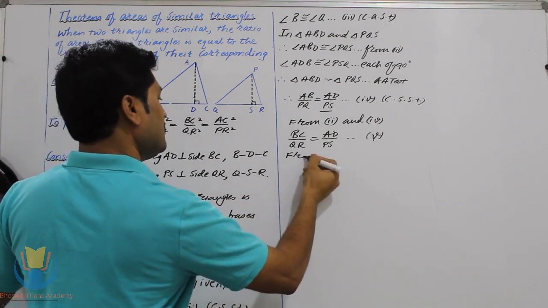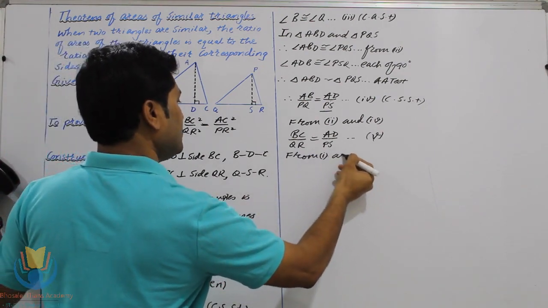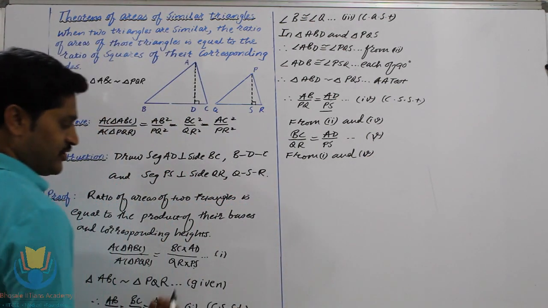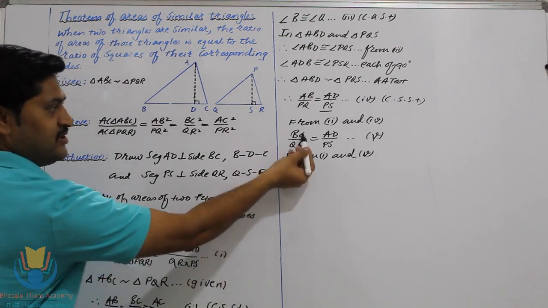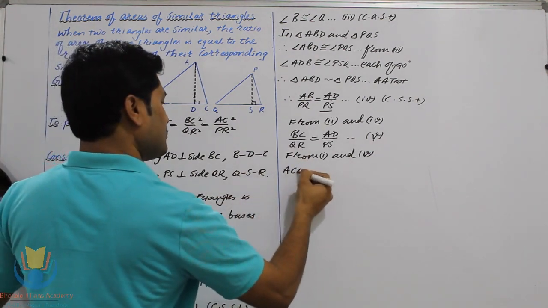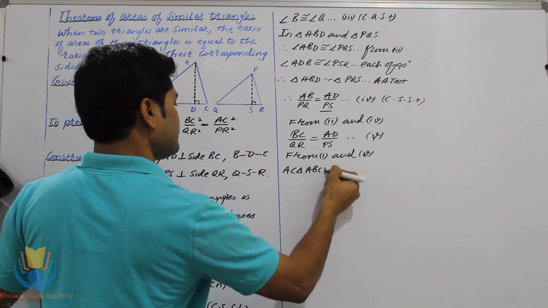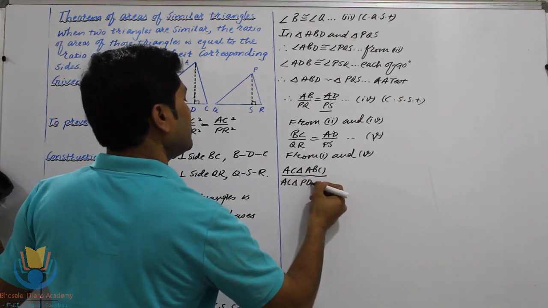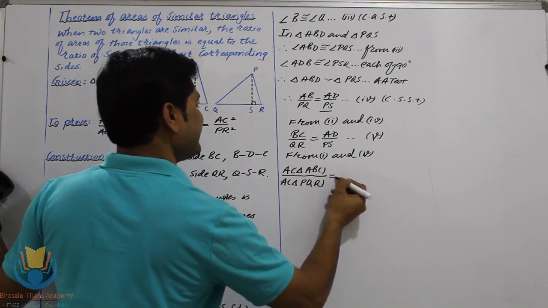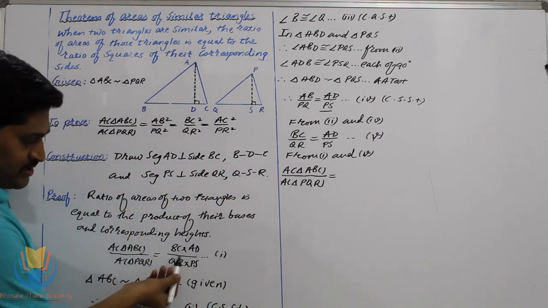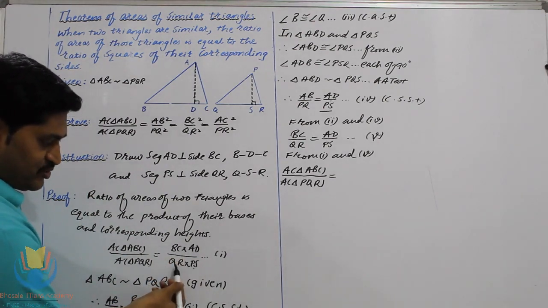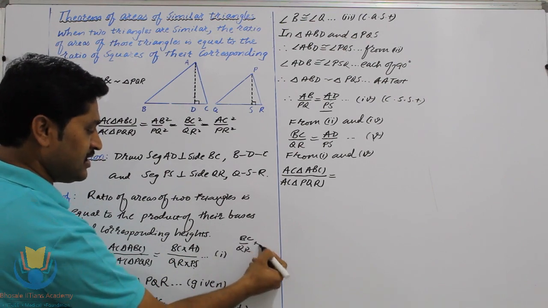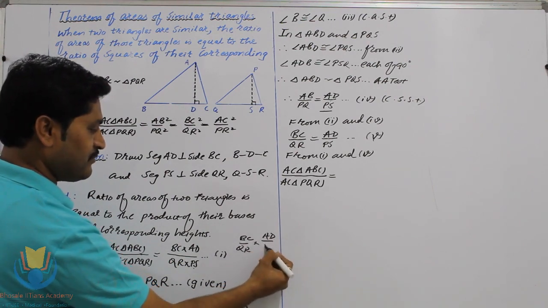So here we will write from equation 1st and equation number 5. So here we are going to replace this AD by PS by this BC by QR. So equation 1 becomes area of triangle ABC upon area of triangle PQR is equal to, so I forgot to tell this thing, this BC into AD upon QR into PS can be written as BC by QR into this AD by PS.